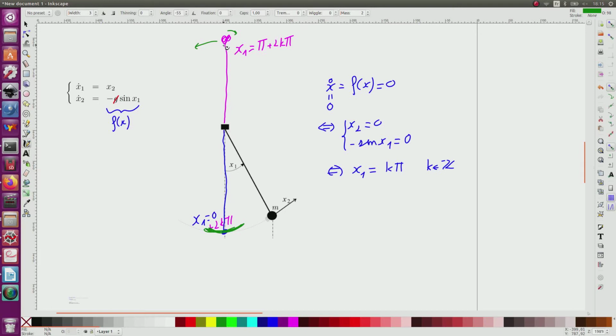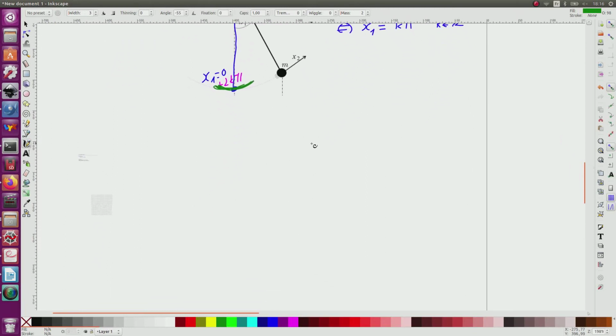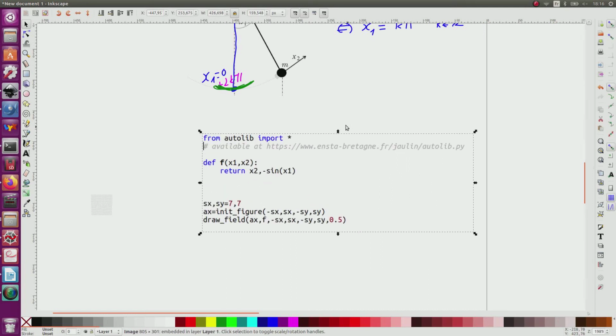So to prove the stability, I can either linearize, but in this exercise, we want to find geometrically if it is stable or not. So for this, I will draw the vector field. It is given in the exercise, but here I will use Python to draw it. I will propose a very simple program, which uses Autolib.